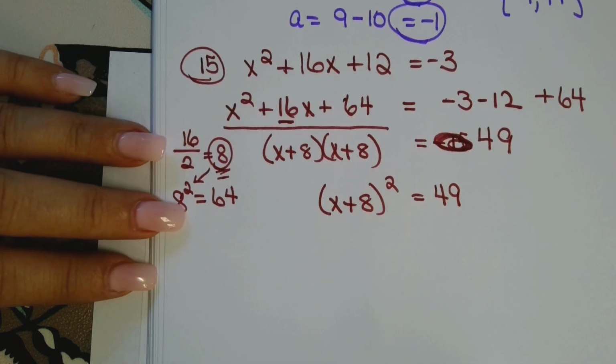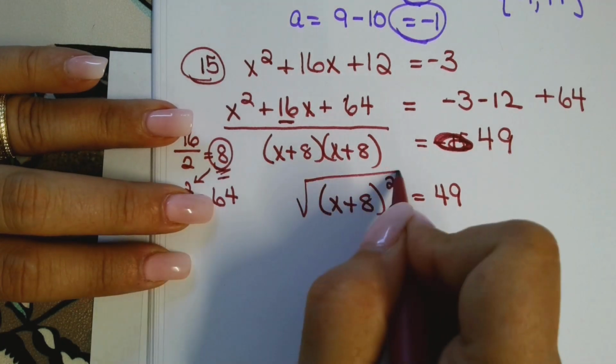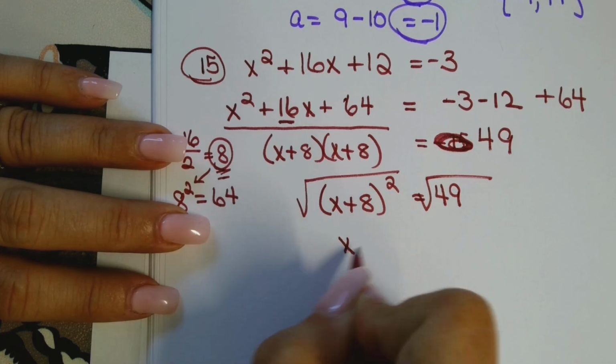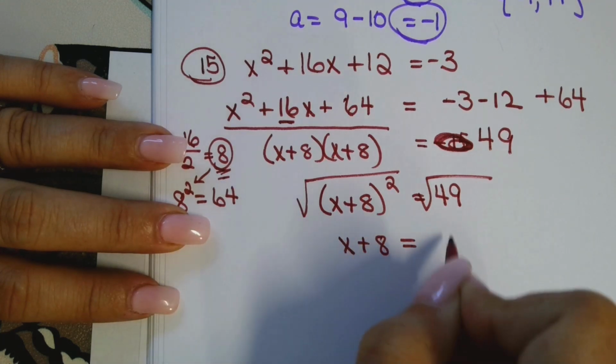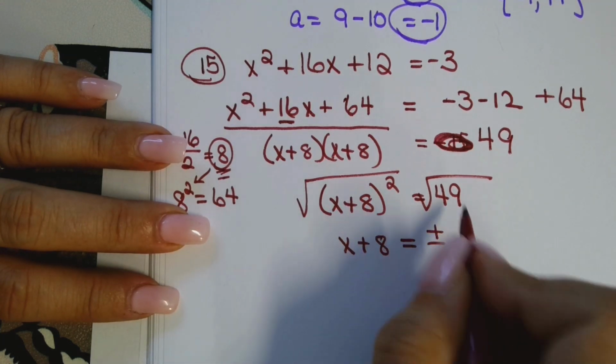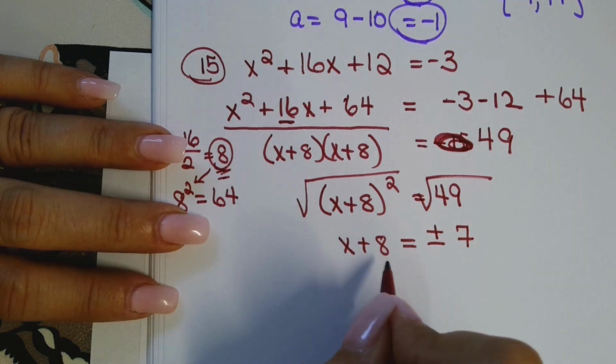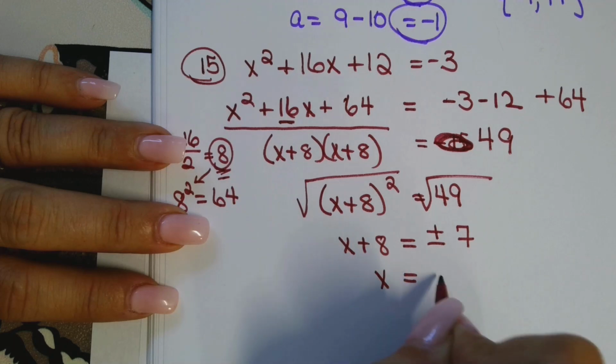In order to solve for x, we're going to take the square root of both sides. This will give me x plus 8 equals, remember the plus minus, the square root of 49 is 7. We're going to subtract 8 from both sides.